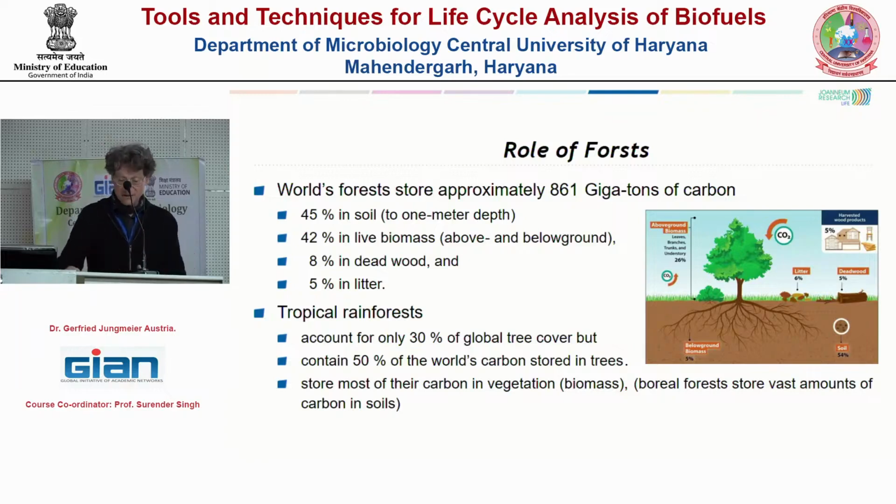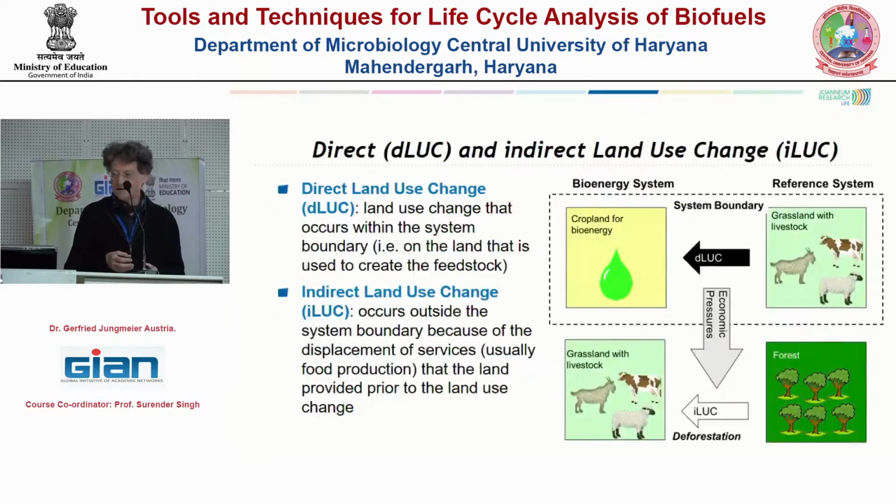And this is a big issue, also relevant for biofuels, especially for the first generation biofuels, because in that case you might have, or you have in most of the cases, a kind of land use change divided in direct and indirect land use change. And this is a very hot issue being discussed the last decade, last 10 years or so.